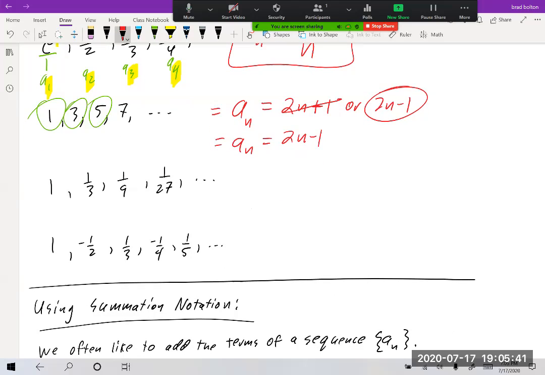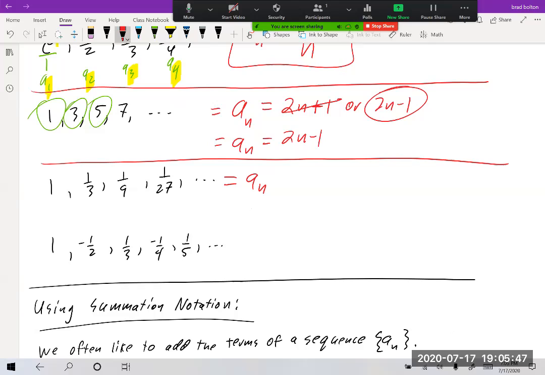So now let's look at this one, a sub n. Okay, this next one says a sub n equals, now again, the numerator is nice, it's just 1, right? But the denominator looks like it's what, 3 squared would be 9, 9 squared would be 81, so that doesn't work. Or isn't it just powers of 3?